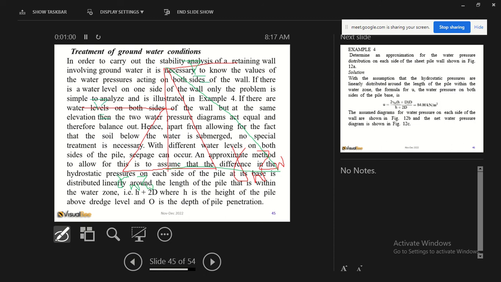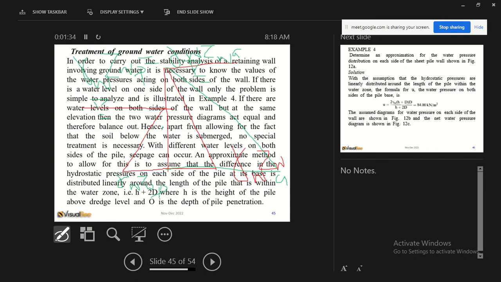So as water flows to this other side, the water pressure here, of course, is going to reduce, and this one is going to increase until they reach a point, this is a passive and active, until the water pressure in the passive side is the same as the water pressure in the active side.